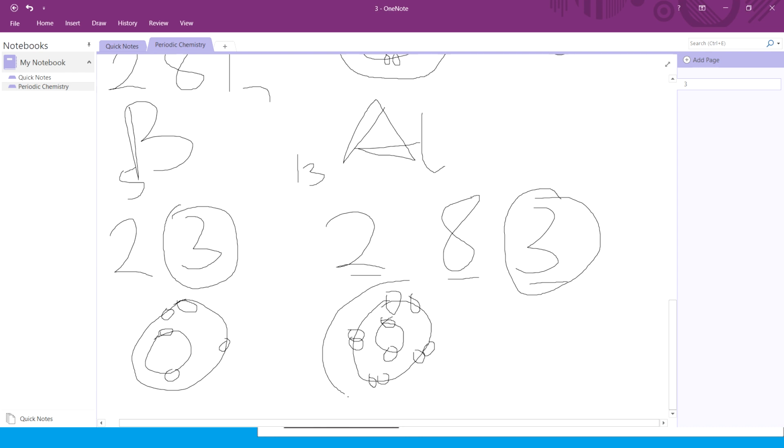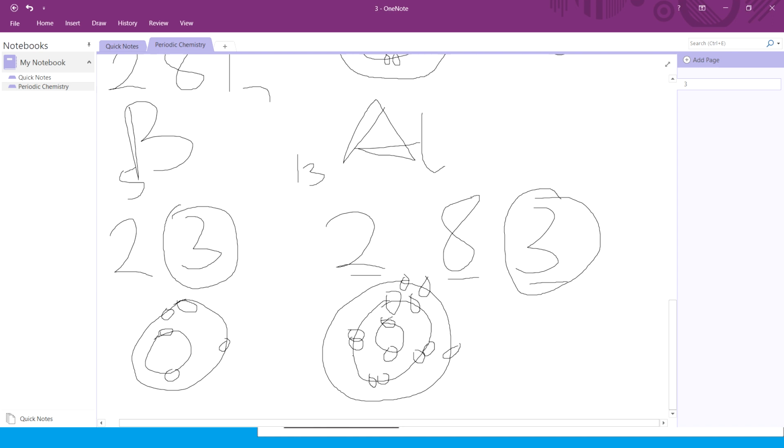And then the next shell again, because the L shell can take a maximum of 8. So this is for aluminium, that is for boron, and you realize that the outermost shell for aluminium still has 3 electrons.